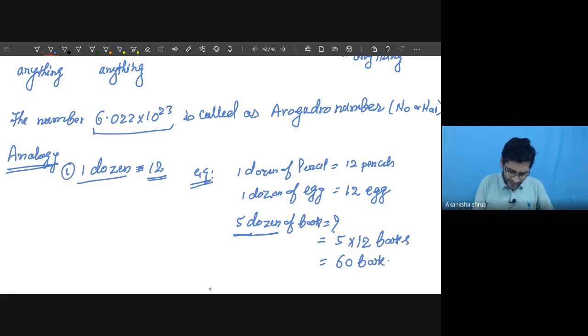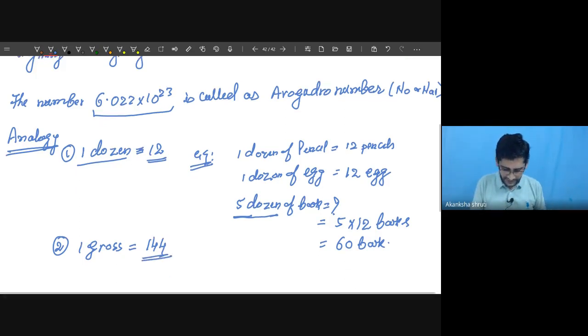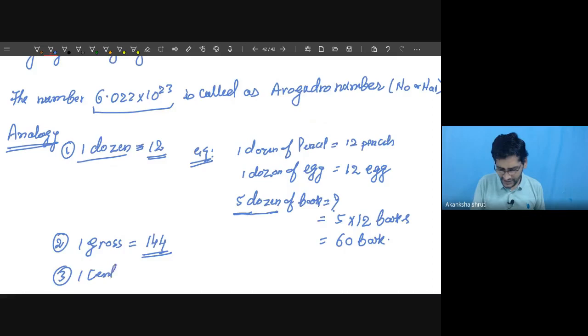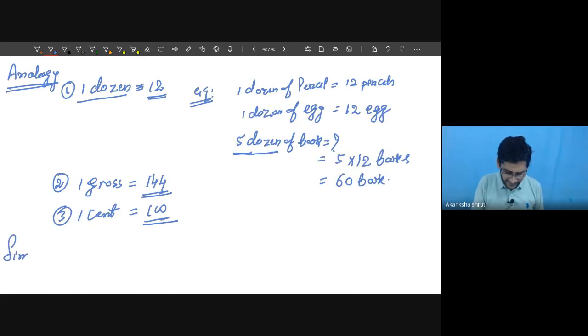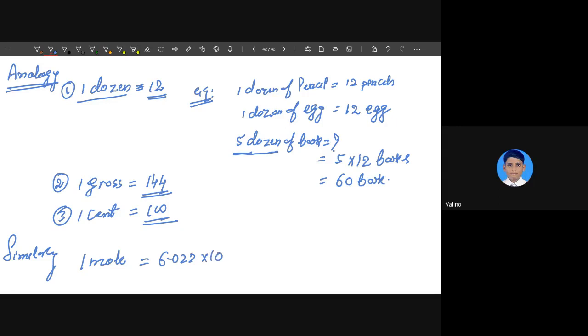The other thing you might be knowing, the cent and many other things, the gross. If you consider one gross, it is how much? 144 numbers. Similarly, if you consider the cent, it is 100 in numbers. Similarly, this 1 mole is simply 6.022 into 10 to the power 23.